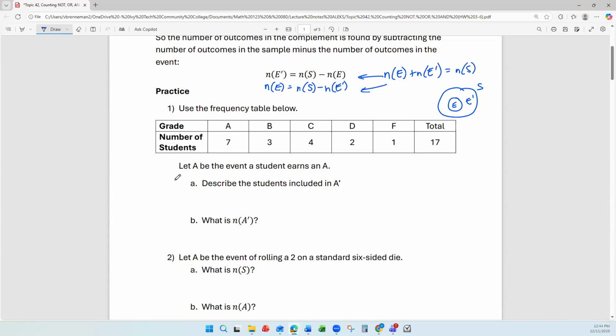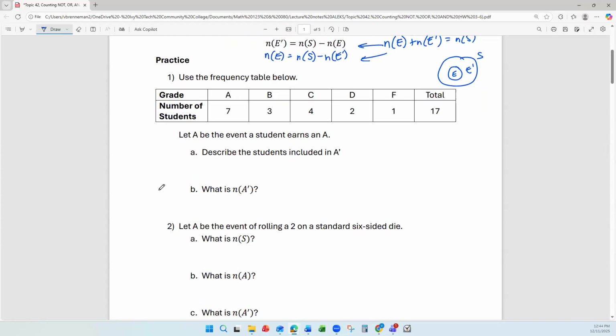All right, so with this frequency table with grades and number of students, A is the event a student earns an A. The students included in A apostrophe, or not A, we could simply describe as students who did not get an A, or we could describe it by what they did get, students who got B, C, D, or F. So the number in not A, this was 17 total, is 17 minus the 7 A's.